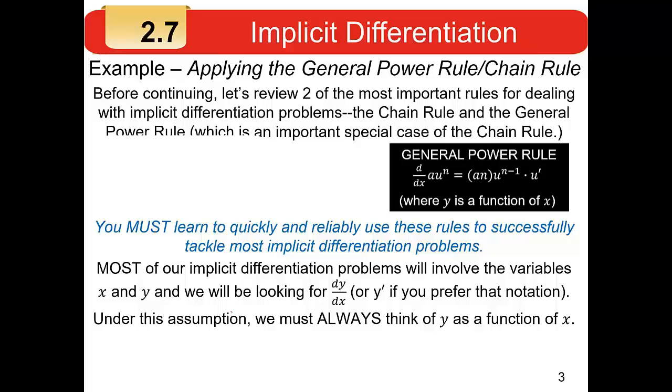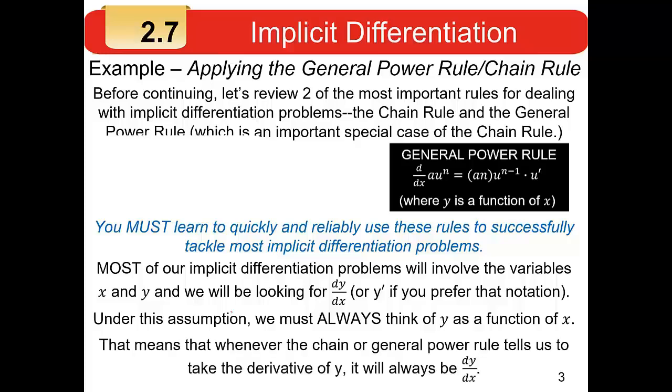But you certainly are free to use y prime if that's easier for you to write. Keep in mind, under the assumption that we're dealing with here, we always have to think of y as a function of x. In other words, y is something that's got x's in it. And that means, in turn, that when you take the derivative of y, you get y prime or dy over dx.